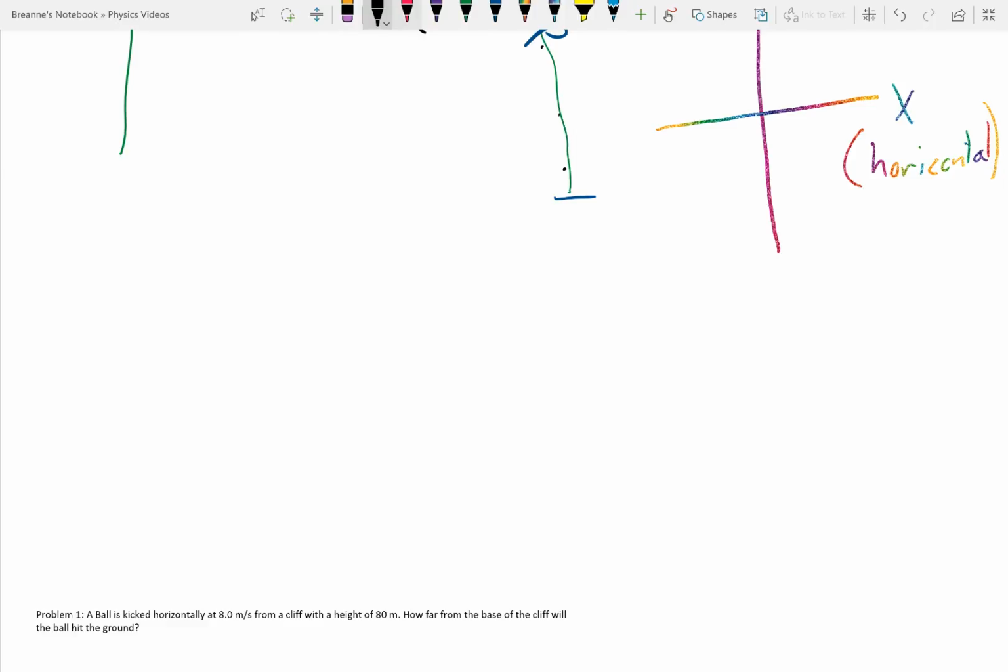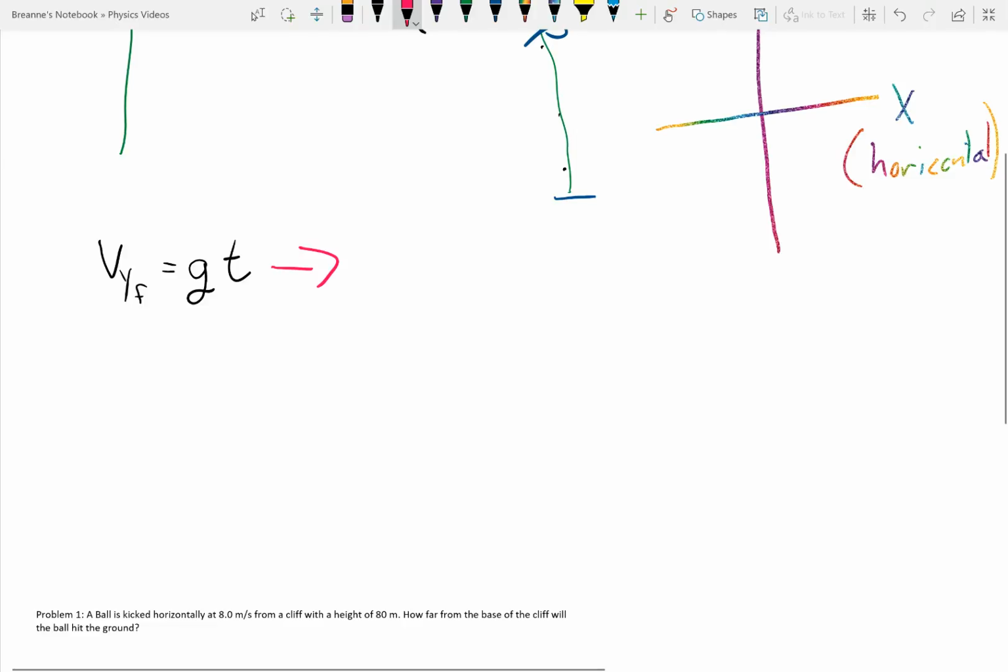So some equations. In the y direction, we have Vy final equals acceleration due to gravity times your change in time, and a lot of times you can just think of that as time.